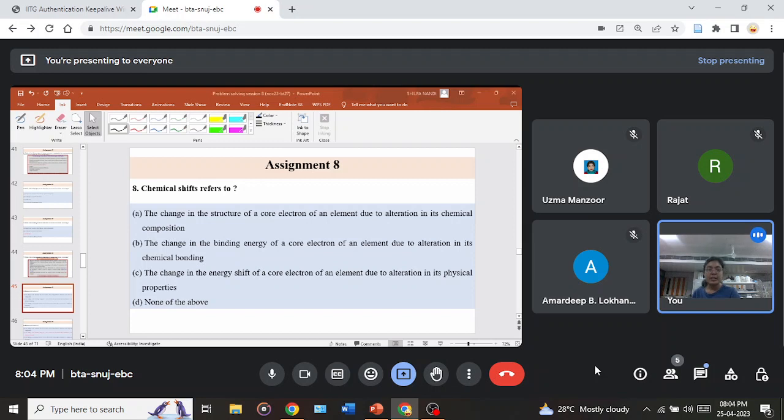So where did we read this chemical shift? If you can just recall in which of the spectroscopy methods. I can give you a hint that chemical shift refers to one of the spectroscopy techniques. Which of the spectroscopy techniques did we read about this chemical shift?